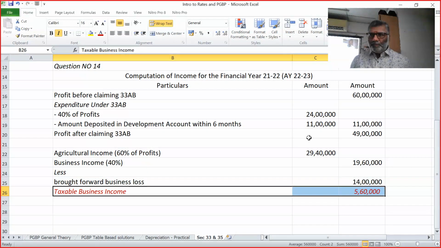Individual. 1 lakh? 24. 2 lakh 54, 254, 25,000, that is including cess. 8 lakh 60,500. 5 lakhs income, 8 lakhs tax.